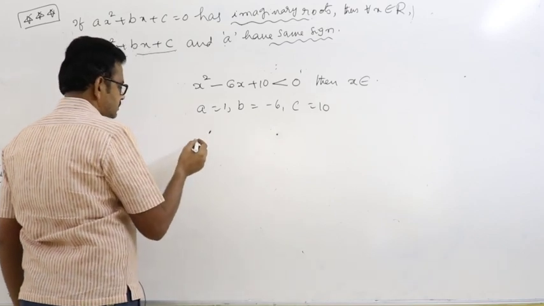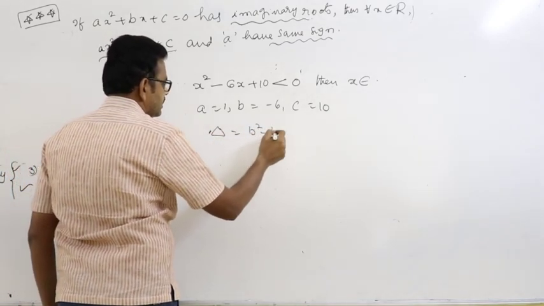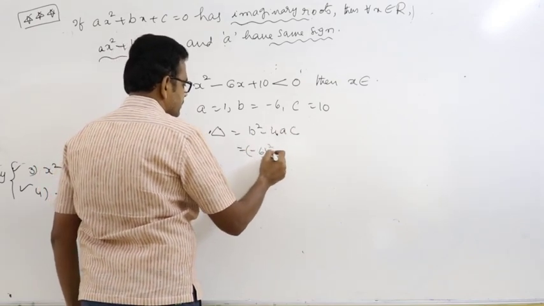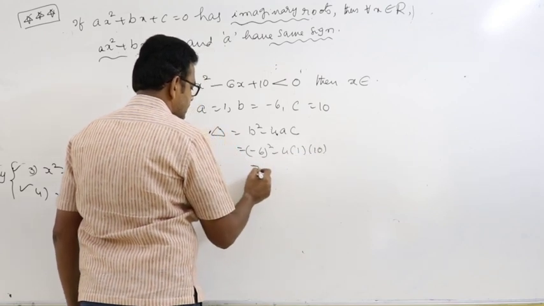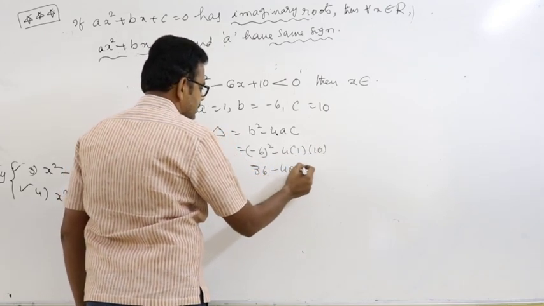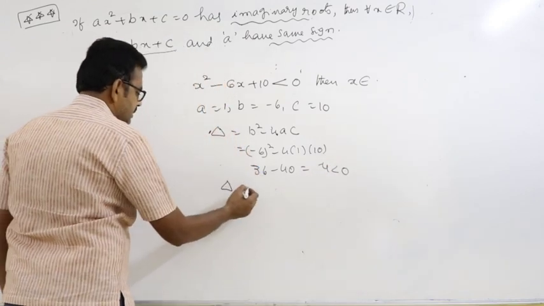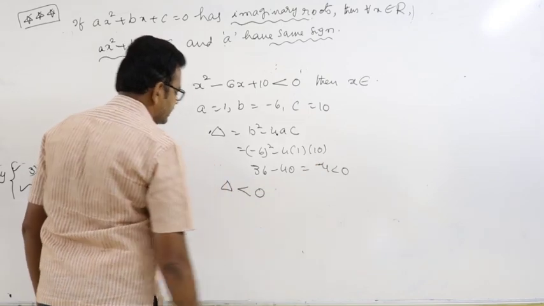So what is delta? B square minus 4ac, that is minus 6 whole square, minus 4 into 1 into 10, that is 36 minus 40, minus 4, less than 0. Delta is less than 0 because delta is negative.